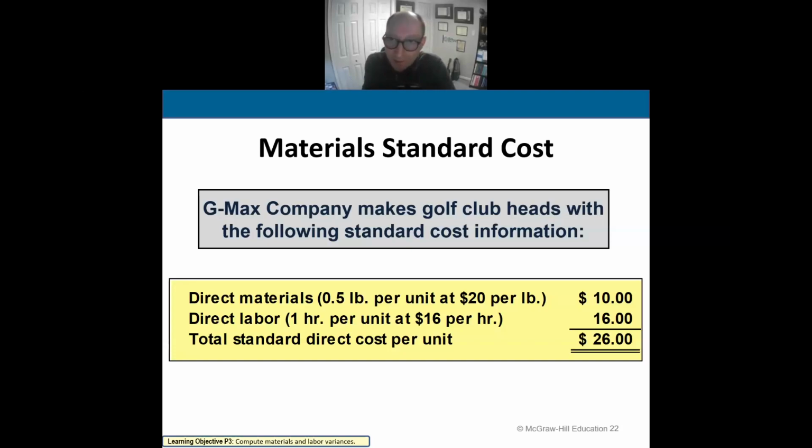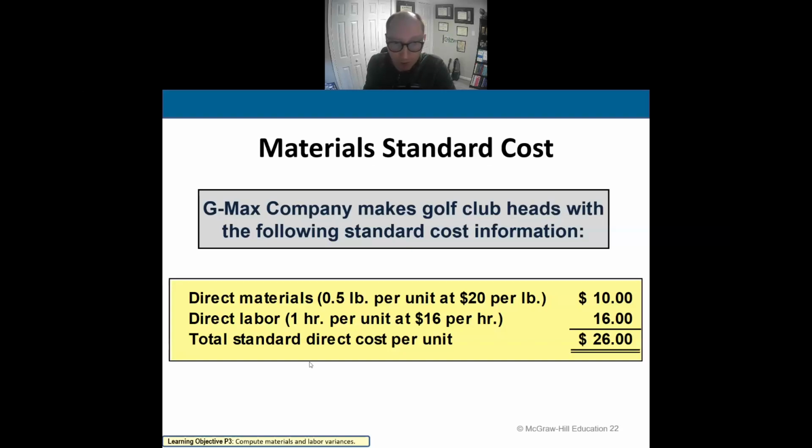So I have some information. $10 direct materials, and direct labor takes an hour per unit at $16 per hour, so $16. So it takes 1 hour to make one golf club, apparently. And that gives me a standard direct cost per unit of $26.